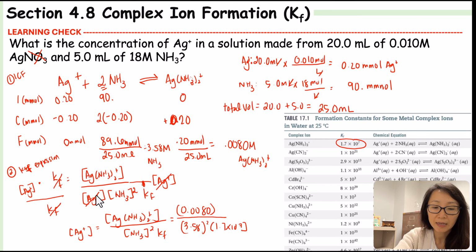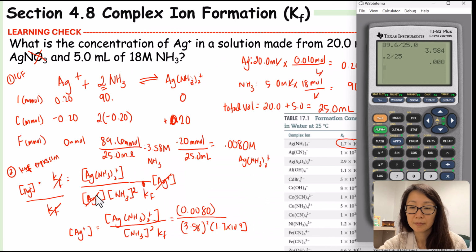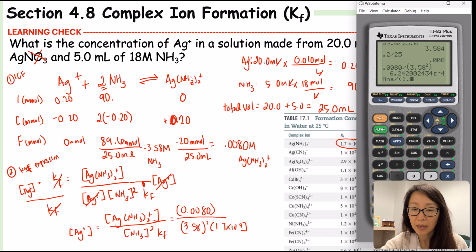So let's plug this in. Divided by 3.58 to the second power. Okay, I'm going to put that as enter for now. And then divide that again by the 1.7, the KF value.